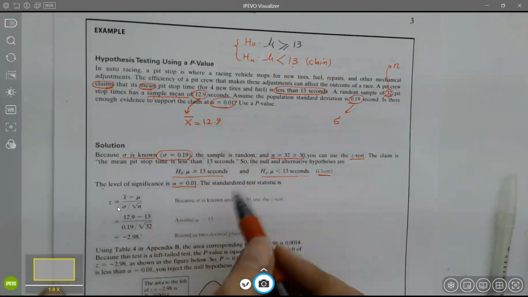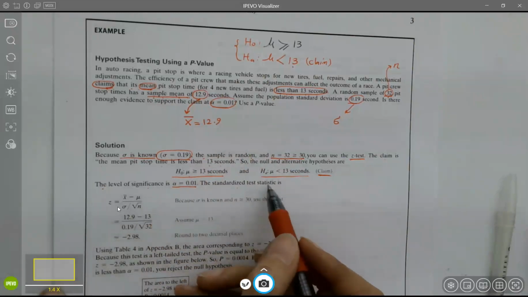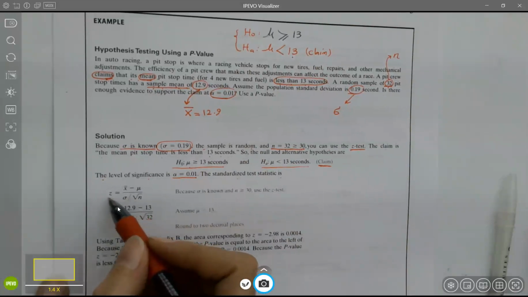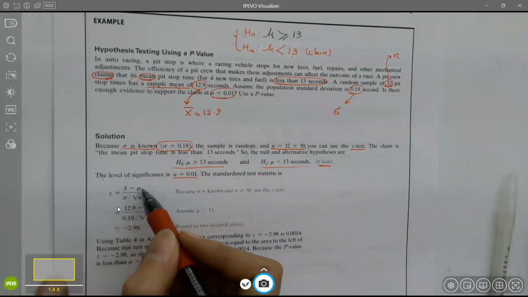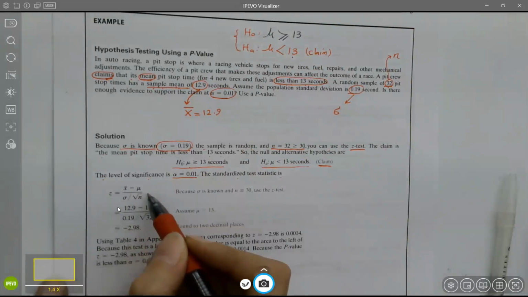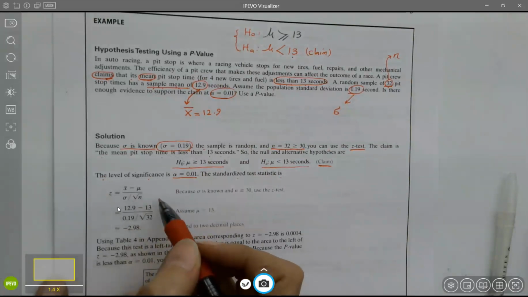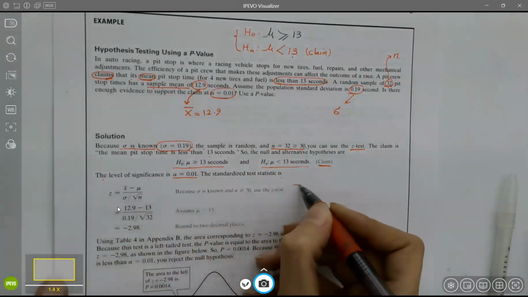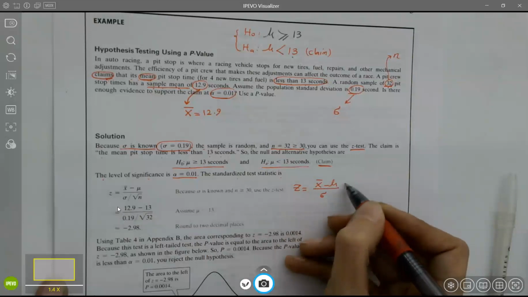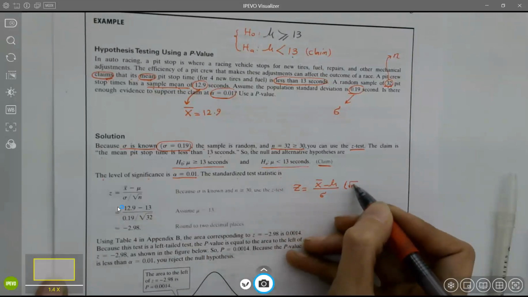We found it here. The standardized test statistic is, we have to follow our nice formula, z equals x bar minus mu divided by sigma over root n. Since this is a fraction in the denominator, you can flip it and multiply. So you can rewrite z, the standardized test statistic, as x bar minus mu divided by sigma, multiplied by square root of n.